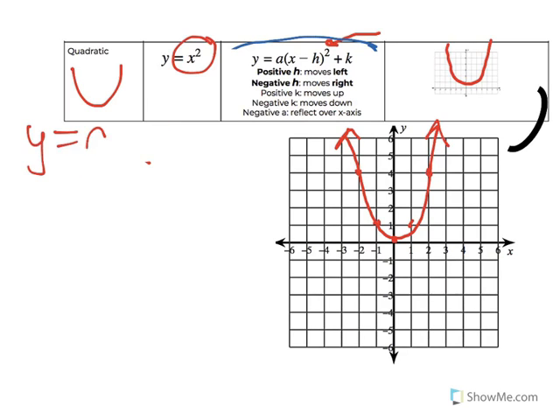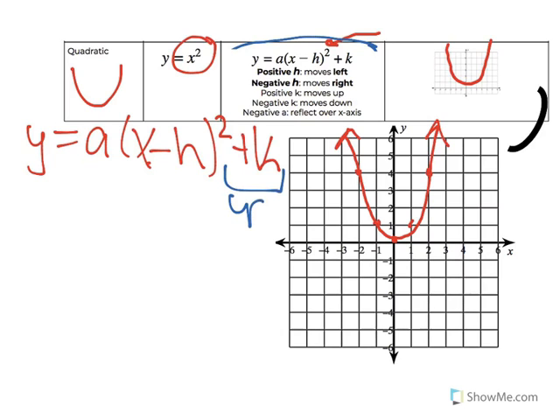So generally, with this equation, this is going to tell you up and down. And it makes sense. Up is positive and down is negative.